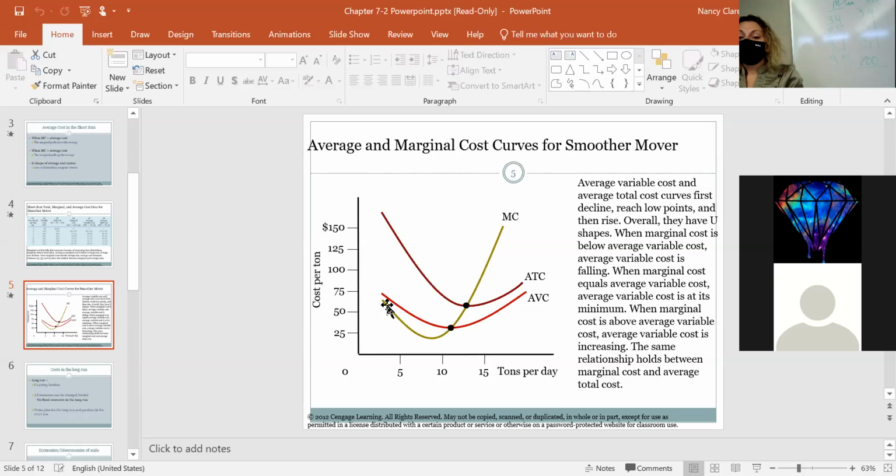It is really PowerPoints number 4 and 5 on this particular PowerPoint 7-2 that are going to walk you through your worksheet point by point. They should look very, very similar. If they don't, you did something wrong and you need to go back and check your numbers. Any questions?